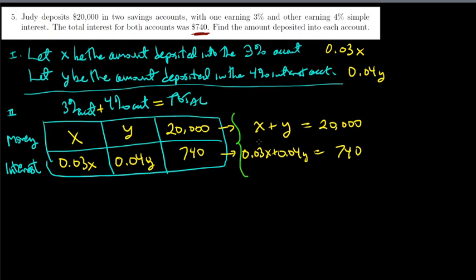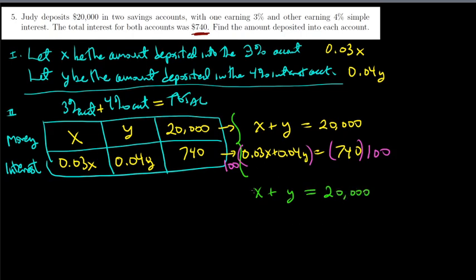Well, first thing I would do is get rid of the decimals, right? We can get rid of the decimals if we just multiply by 100 on both sides. So we'll leave the first equation alone. It'll still be X plus Y equals 20,000. Okay.